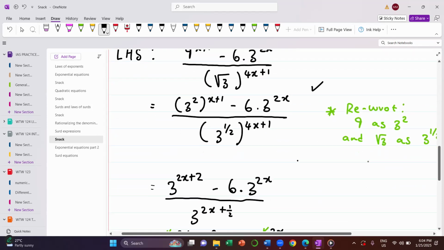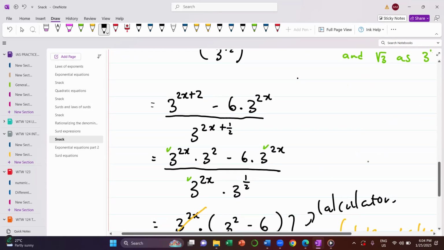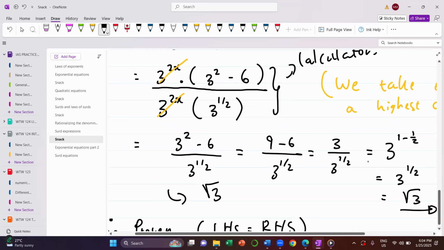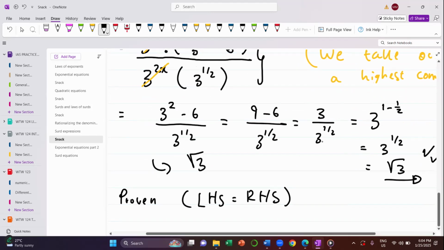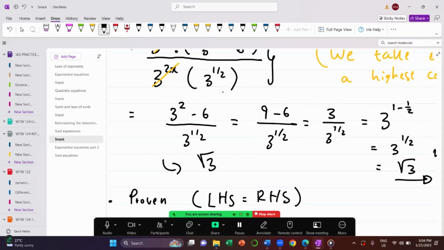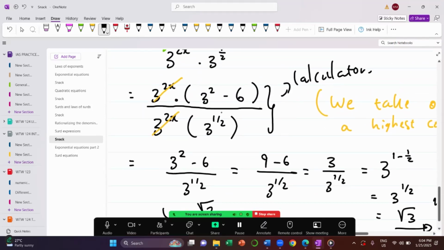Here's the memo, right? So can we move on? Learners, can we move on? Are you guys okay with the answer?